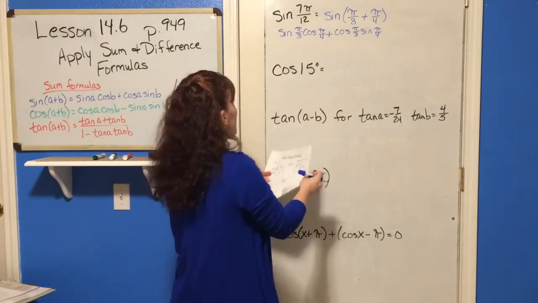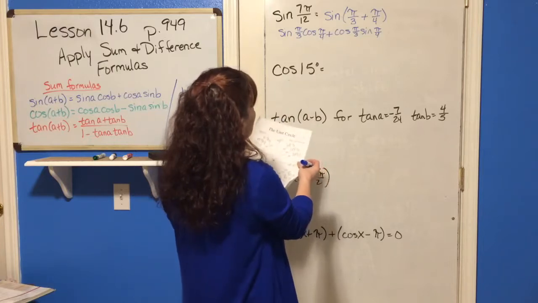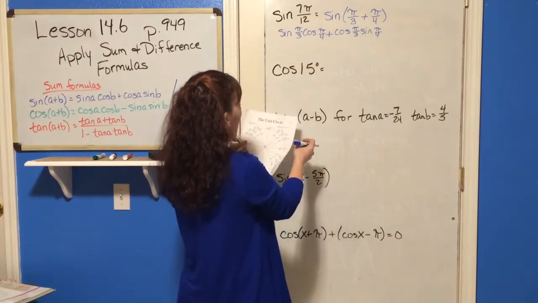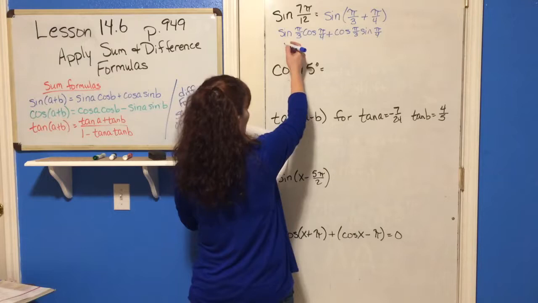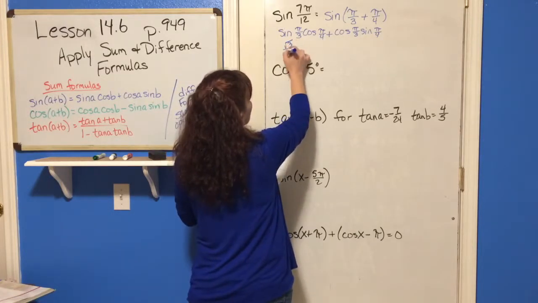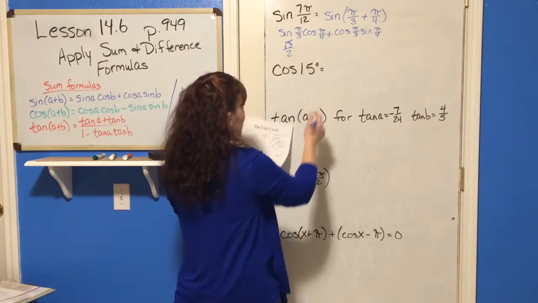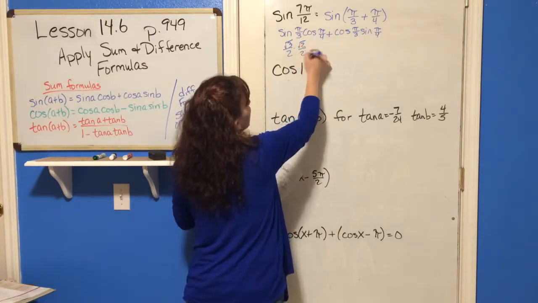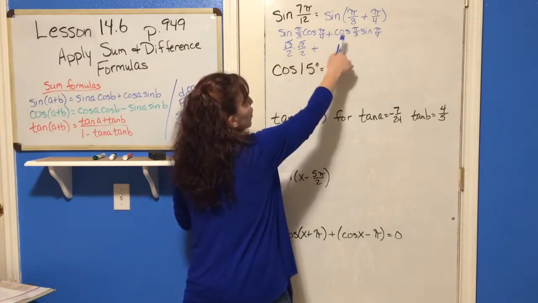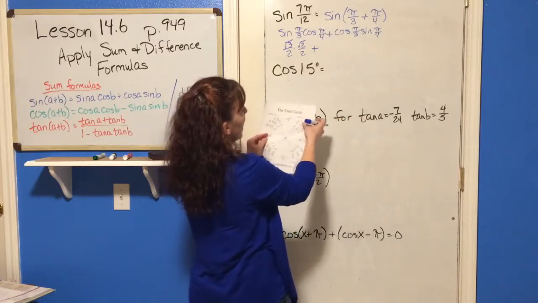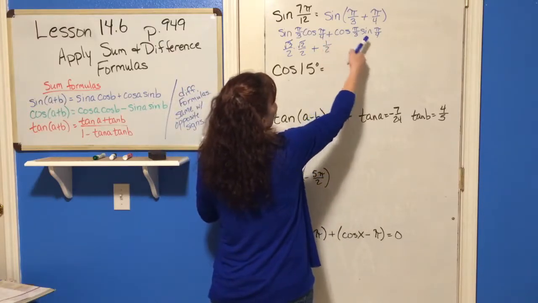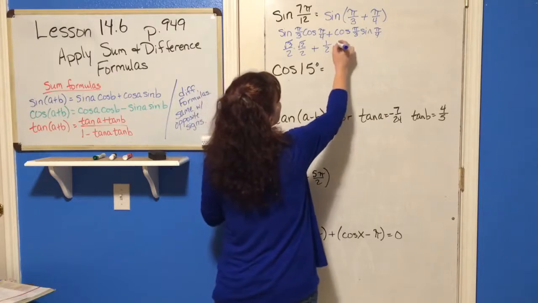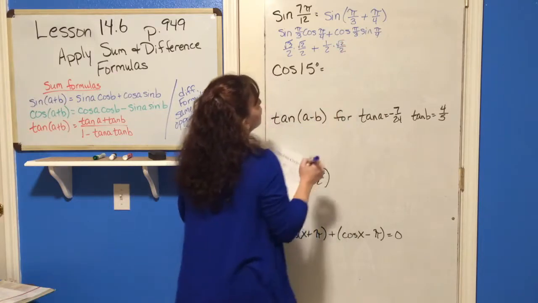Once you start seeing the similarities and where the parts are coming from, you can memorize these quite quickly. So then we go to your handy dandy little circle. The sine of pi over 3 is square root of 3 over 2, times the cosine of pi over 4, which is square root of 2 over 2. And to that we add the cosine of pi over 3, which is 1/2, times the sine of pi over 4, which is square root of 2 over 2.